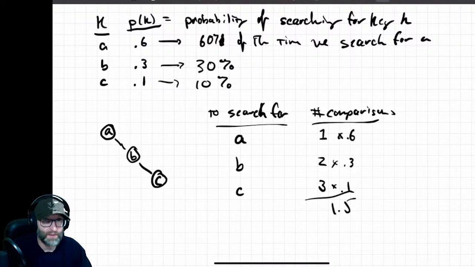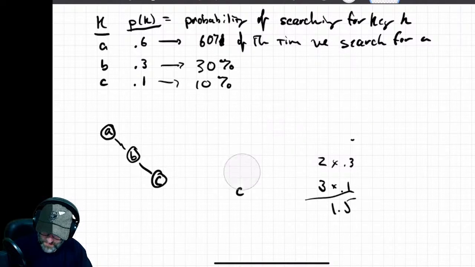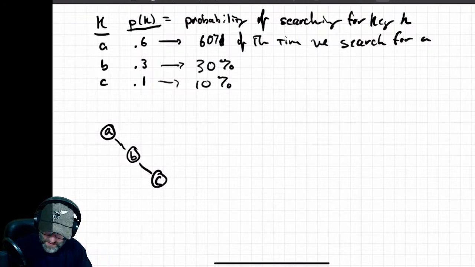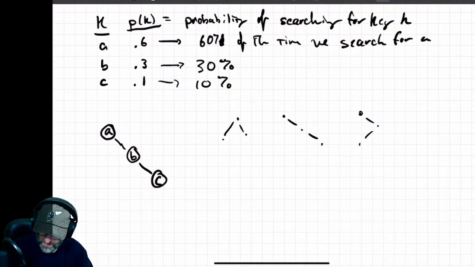But how many other possibilities were there, by the way, at least for a 3-node tree? Well, there's a balanced one. There's the one that's skewed completely to the right. These are the ones that we just considered. There's one that's skewed to the right and then to the left. And then there's all the symmetry of this: skewed completely to the left, skewed to the left and then to the right.